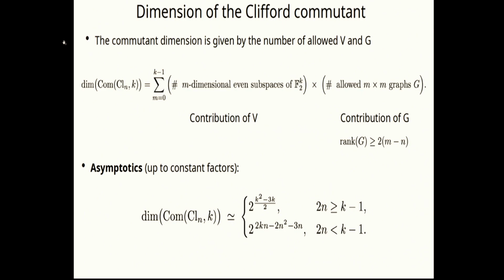But if the number of qubits gets smaller, then the size of the commutant also gets smaller. And now it behaves like 4 to the kn minus n squared. Remember, 4 to the nk is also the number of operators we would have in the entire space. So the size of the commutant is, as one might expect, very big in comparison.